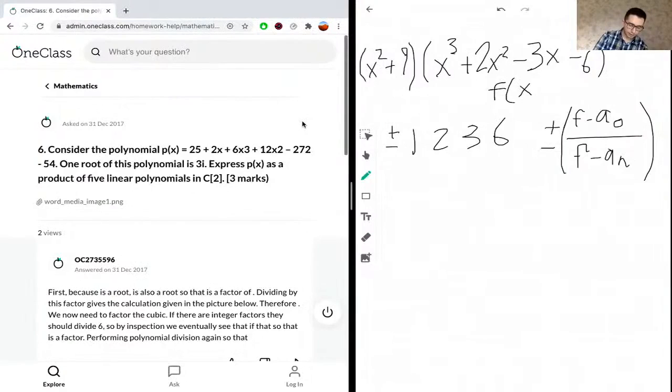So let's say f at 1. You can plug this into your calculator to make it a little easier, but we can also do some mental math. So 1 cubed is just 1, plus 2 times 1 squared, which is just 2. So 1 plus 2 we have so far, minus 3 times 1. So 1 plus 2 minus 3 minus 6. So 1 plus 2 is 3, minus 3 is 0, and then -6. So this gives us -6.